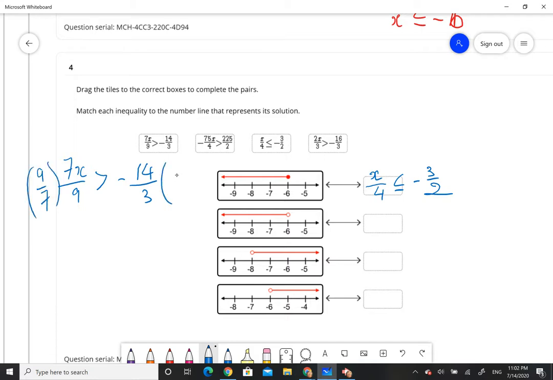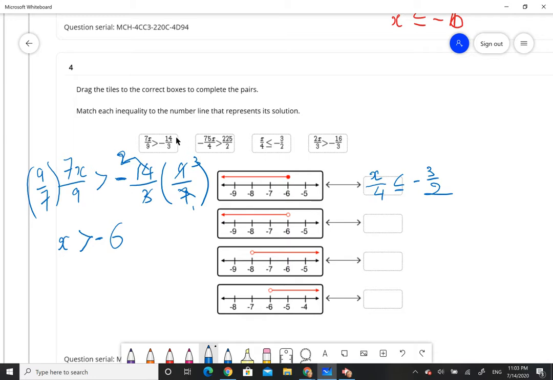So left side now has x, and you copy greater than. Remember, you can simplify. 14 divided by 7 you got 2, 7 got 1. So 9 divided by 3 is 3. So 2 times 3 is 6, and then you have negatives. So x is greater than negative 6.